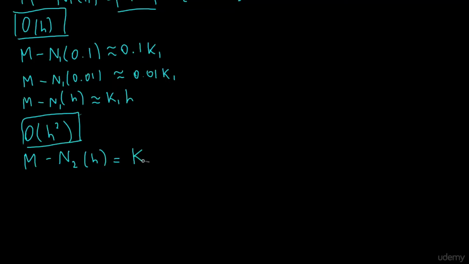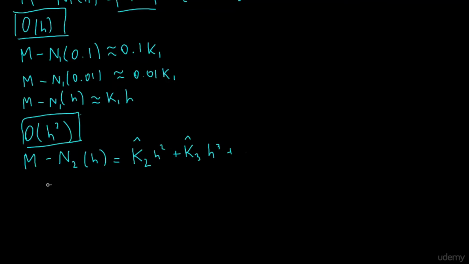We can say that there is some k2, let's write it with a hat. So k2 hat h squared plus k3, once again with a hat, h cubed, and so on. This is much better because the error is obviously much smaller. It's on a higher order, h squared here. Once again, we have a bunch of these unknown constants, k2 hat, k3 hat, and so on.